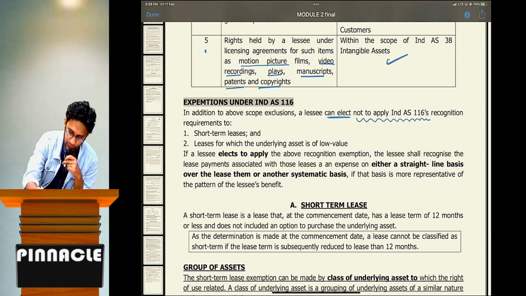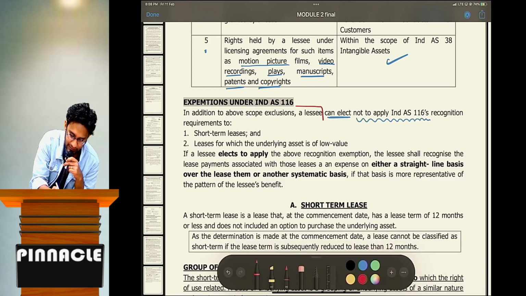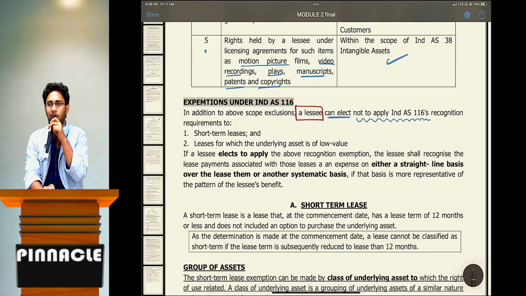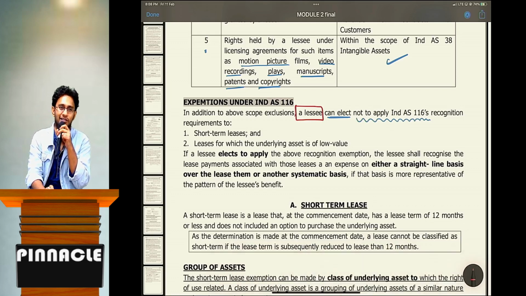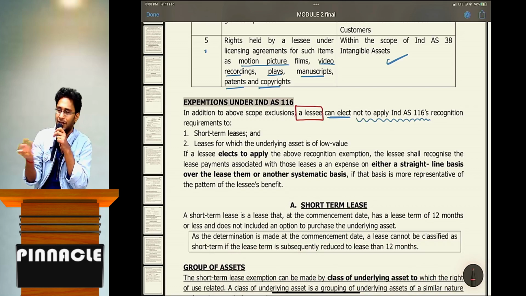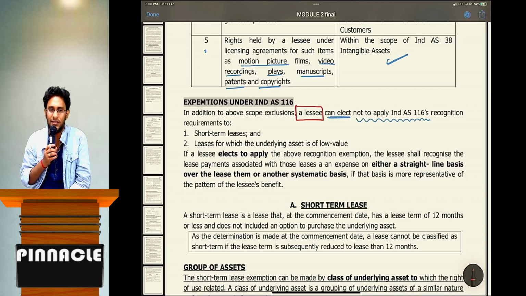One more important point I should show you. His choice is given only for lessee, not for the lessor. That means lessor cannot say, sir, I did not like this standard, I will follow P&L income. Not allowed. Of course, if it is an operating lease, anyway you can account, because for you operating and finance lease still exists. For lessee it does not exist, no. So here small exemption they gave.